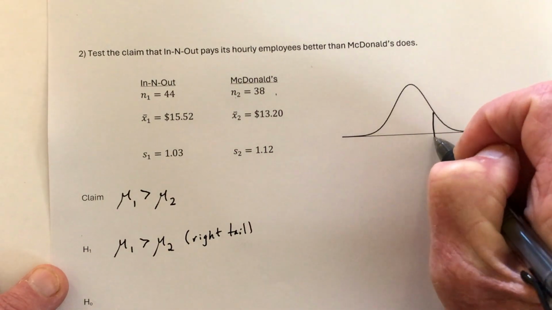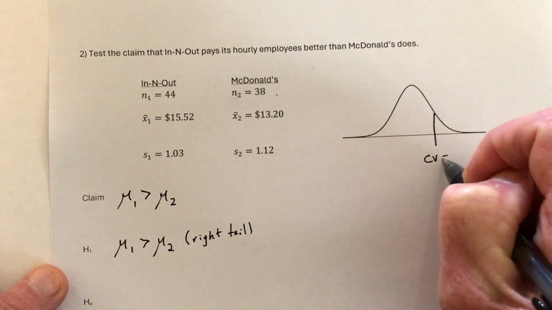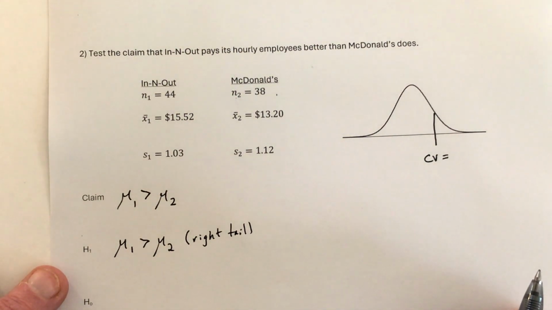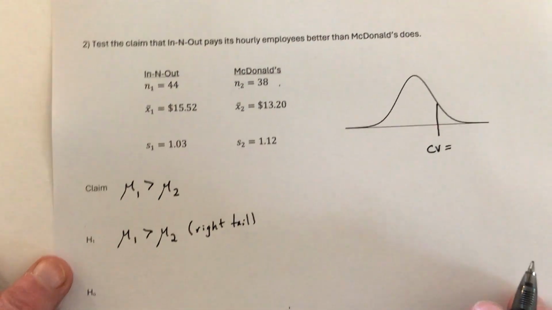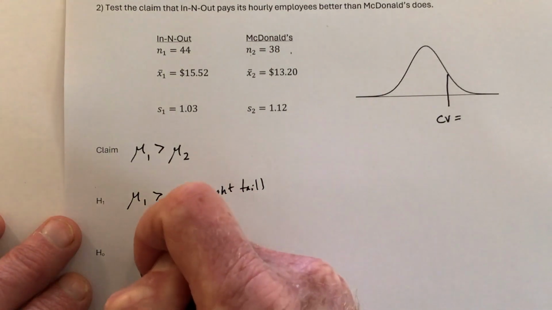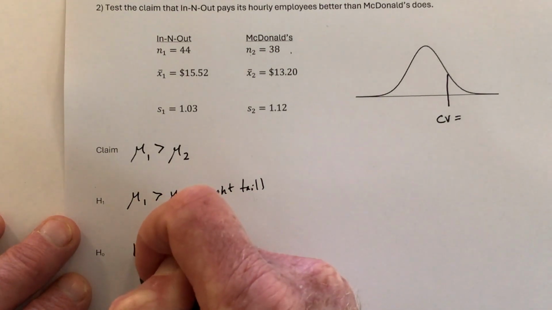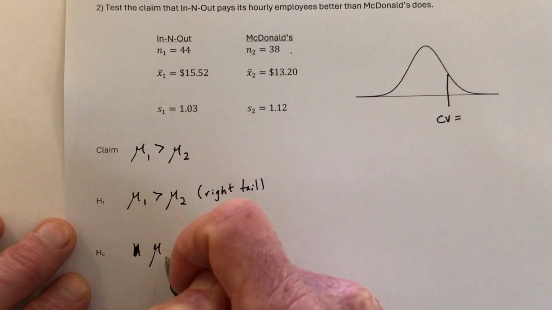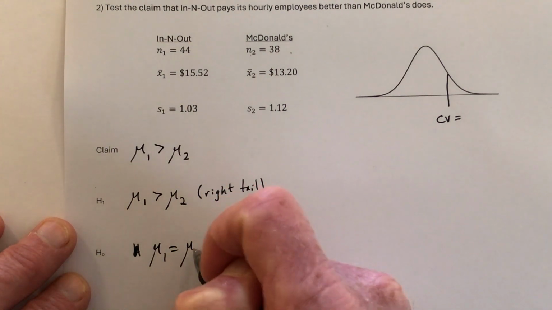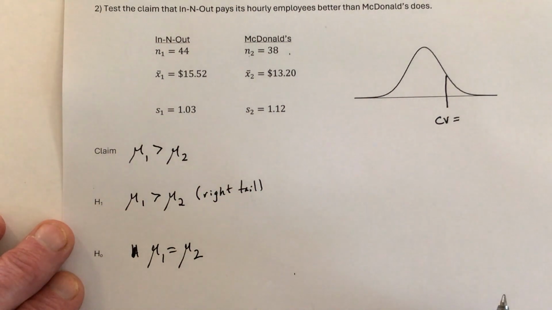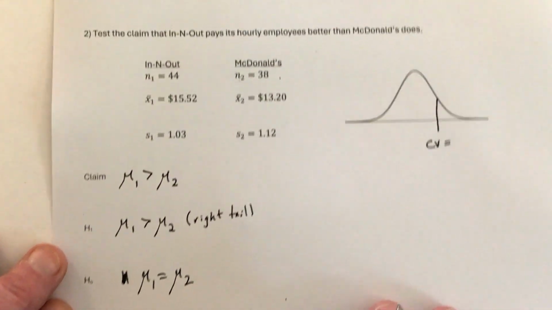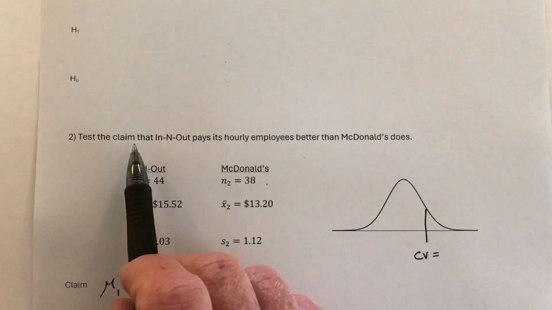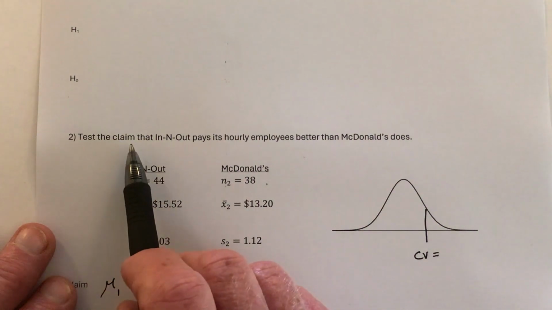And I can even put that on my graph right now. There's going to be a critical value on the right. And H sub 0, oh sorry, I already wrote H sub 0. H sub 0 always says the two are equal. Okay, with this one, it doesn't say what to use for the level of confidence.